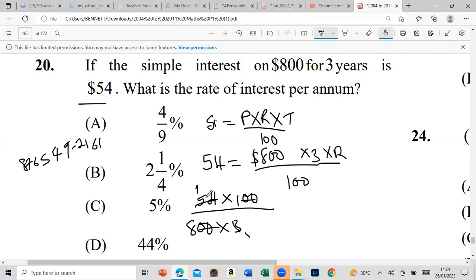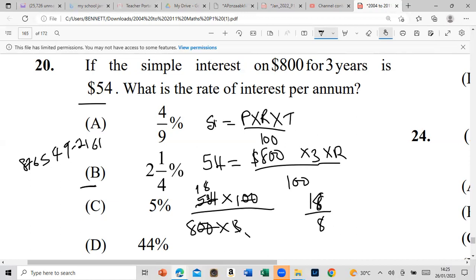So it's going to be 18 divided by 8, which gives us 2 and a quarter percent.